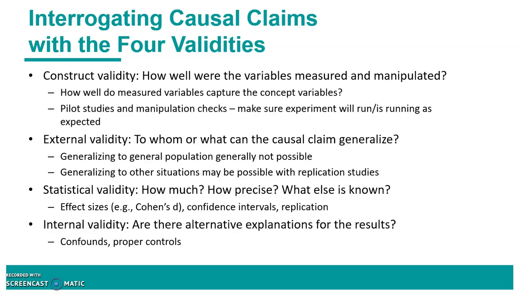External validity, generalization. Generalizing to the general population is generally not possible. That's a lot of generals in there. Usually experiments aren't really designed with external validity prioritized, because you're really trying to prioritize internal validity, and for that you often need to create a very artificial and very controlled environment that isn't very representative of the real world.